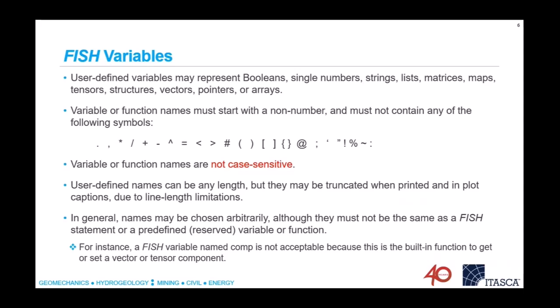Cycle is a reserved command. By and large, though, it's pretty flexible. And if you really wanted something called cycle, you could always use an underscore symbol at the start or the end. The functions and variables are not case sensitive. So Fred with a capital F equals Fred with all lowercase symbols.